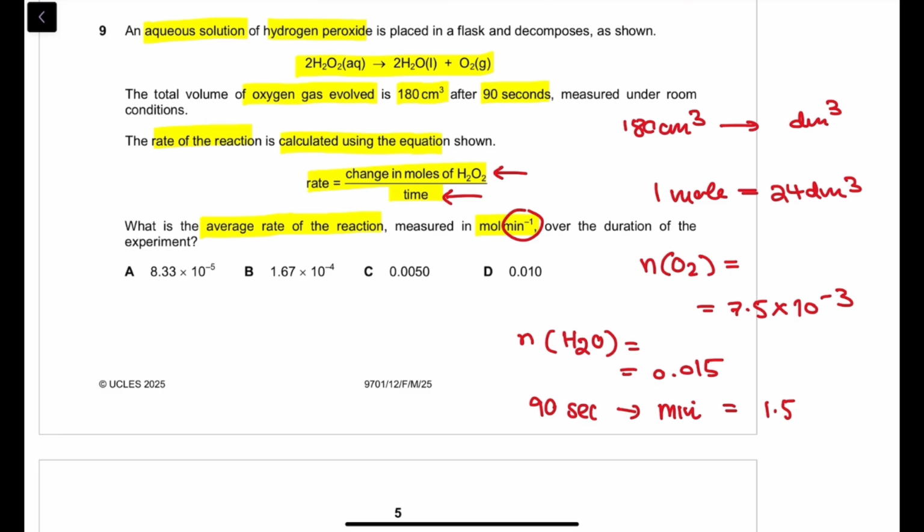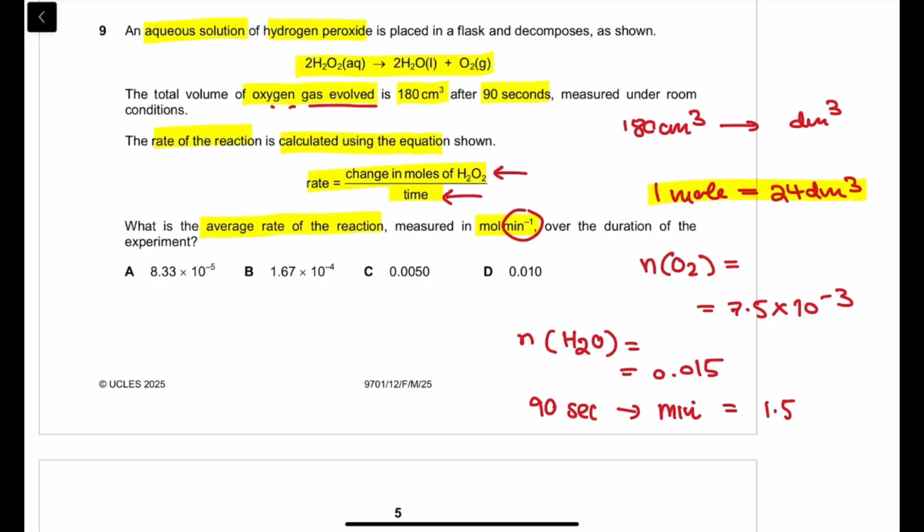So we know that 180 centimeters cubed of oxygen gas has evolved. We know that 1 mole of any gas at room temperature occupies 24 decimeters cubed of volume. So if we can get that into decimeters cubed, we can figure out how many moles of oxygen we have and then how many moles of hydrogen peroxide we have.